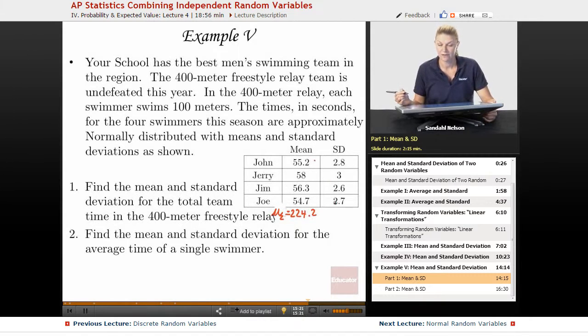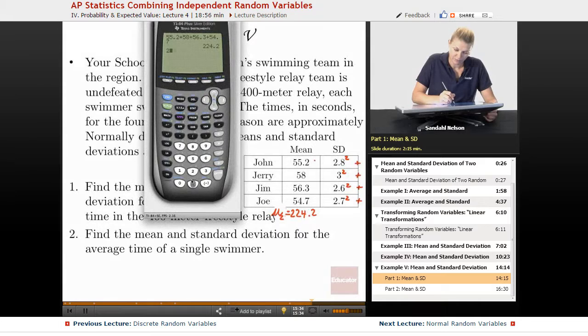Okay, now let's find the standard deviation of the whole team. So first we have to find the variances, and then we're going to add up the variances, right? So that's 2, I'm squaring it. So I have 2.8 squared plus 3 squared plus 2.6 squared plus 2.7 squared, which is 30.89.